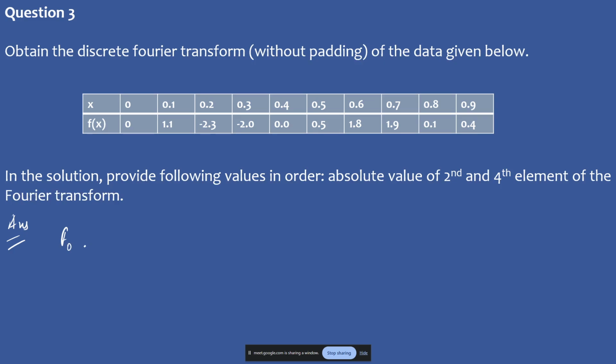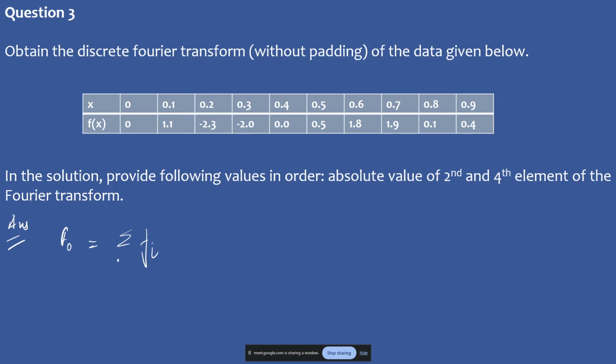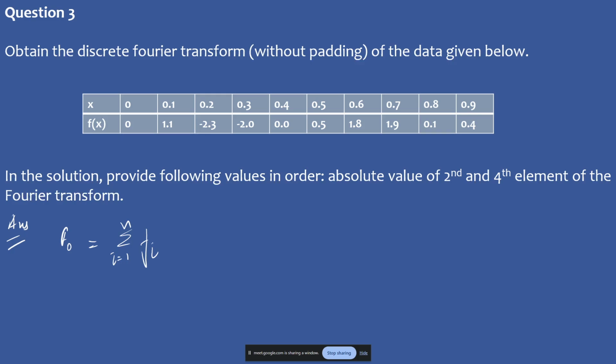For the first term, you need to sum up all the values fi, where i is going from 1 to n. So the first discrete value after the Fourier transformation for your discrete data is obtained by summing up all these discrete values, and then you will get that particular initial value.